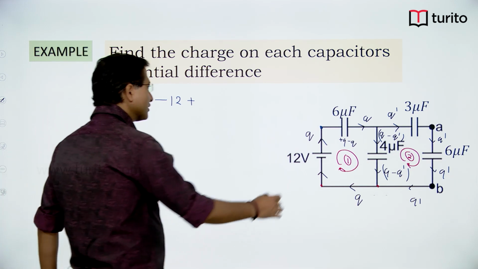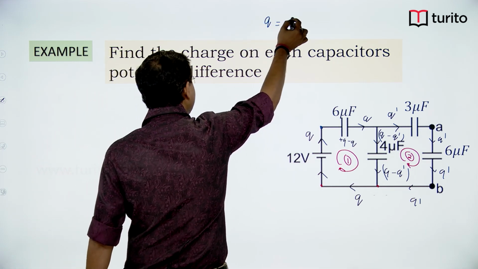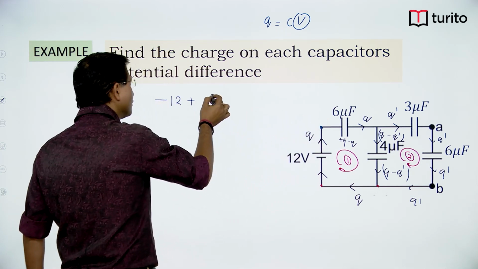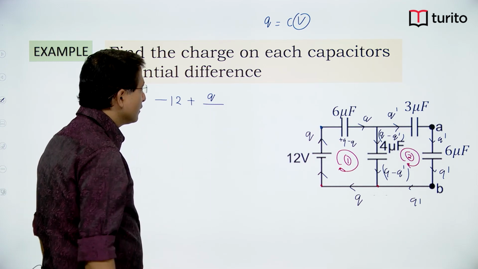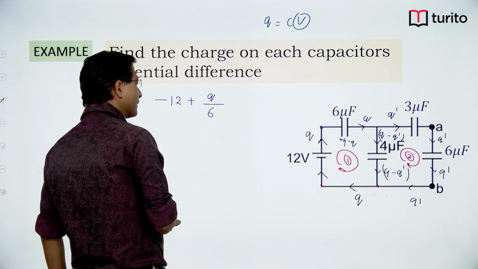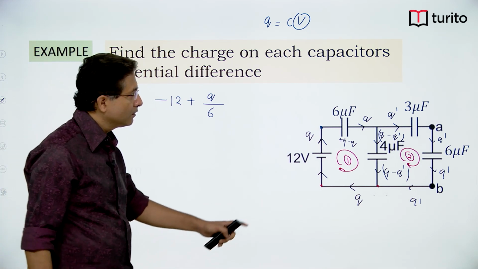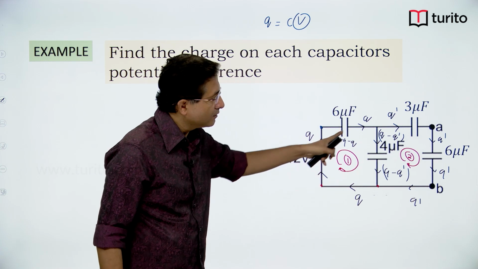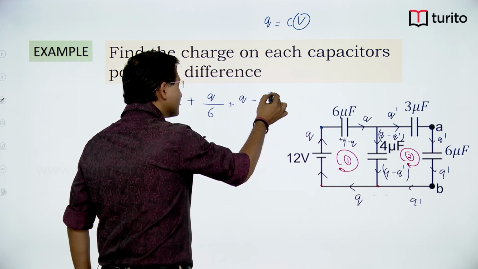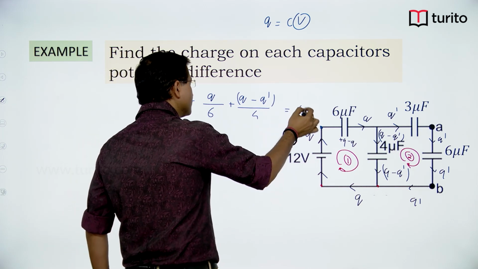For a capacitor, Q is equal to CV, V is equal to Q by C. So, the charge I have assumed on this capacitor is Q, divided by C, C is 6, so I will write 6 here, and then comes the next one. So, the charge here is plus Q minus Q dash divided by 4 is equal to 0.